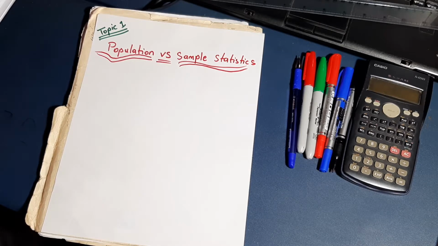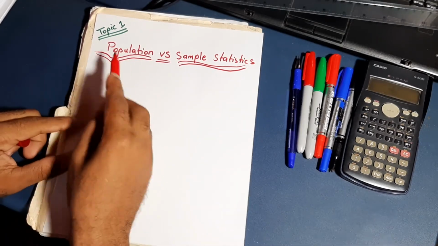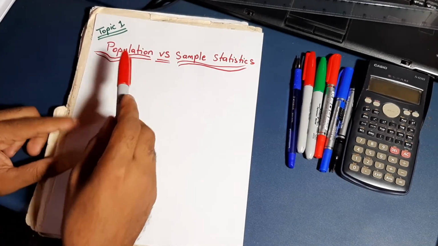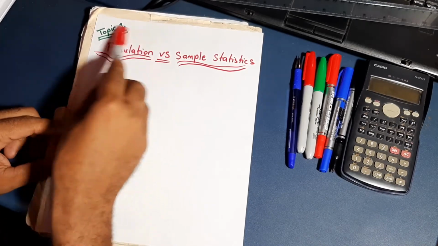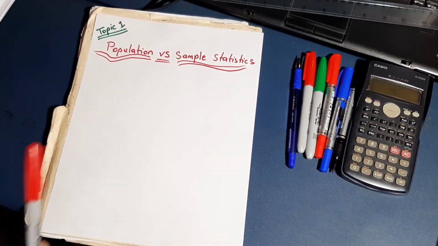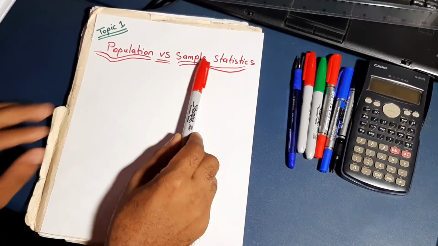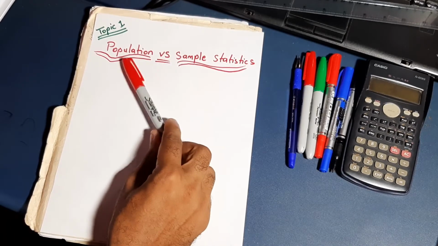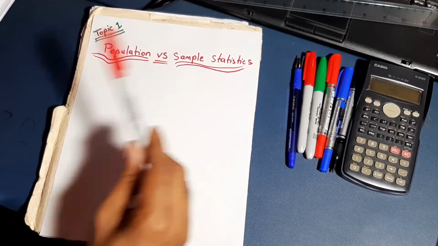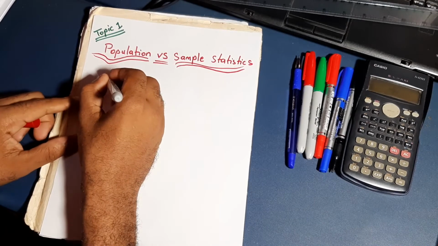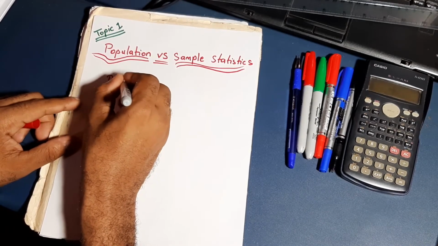Now, the thing is with these two, population: when you're talking about the population, you're referring to all the items we are interested in studying, like every single thing we're interested in studying, and a sample would be a subset of the population.